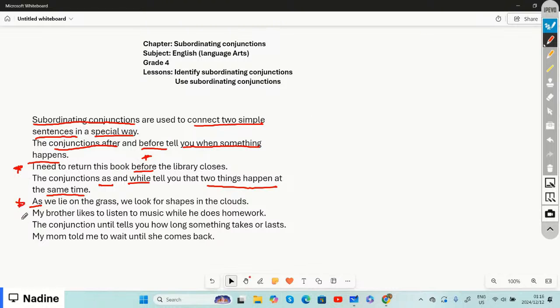Another example is, my brother likes to listen to music while he does his homework.